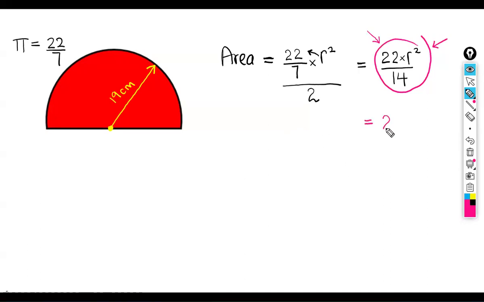It's 22 multiplied by the radius squared, and the radius is 19, so it's 19 squared. Whatever you get, you divide by 14 afterwards. So it's 22 multiplied by 19, press the squared button on the calculator, and divide by 14. You should be seeing something very, very close to this.